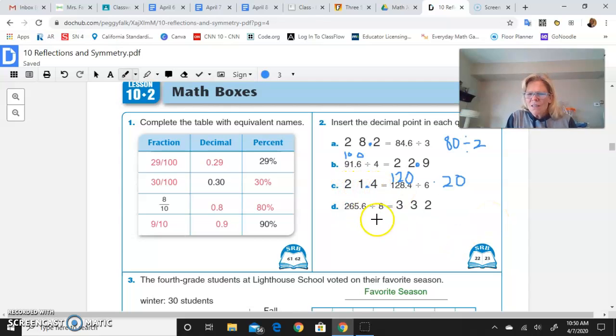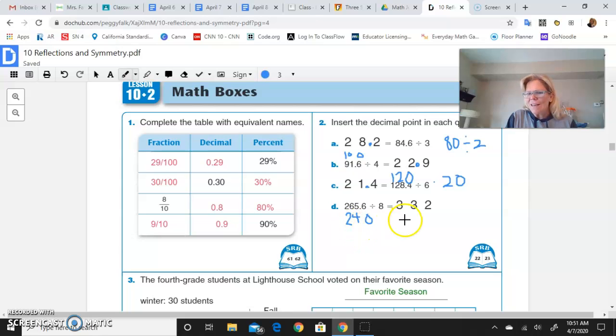Okay, last one. 265.6. Well, 8 goes into, I don't know if some of you are getting this, but if I round this to 240, okay, I'm using what we call compatible numbers. 265 is pretty darn close to 240. Divided by 8, I know that 8 can go into 24 exactly.